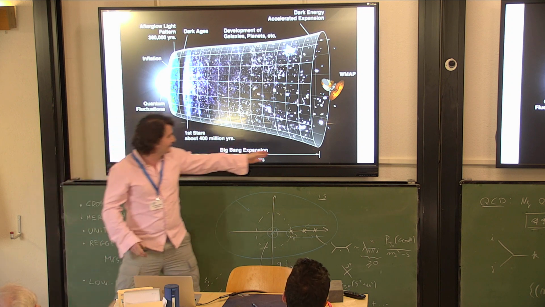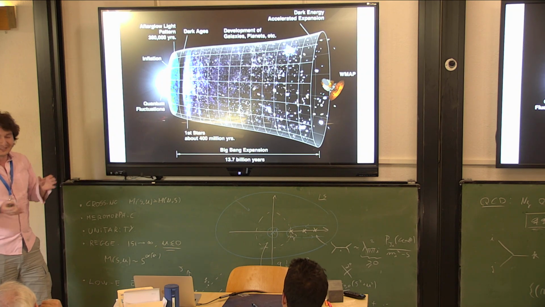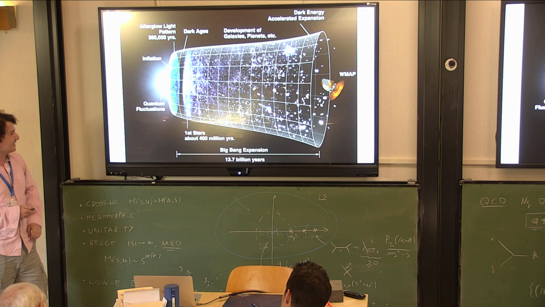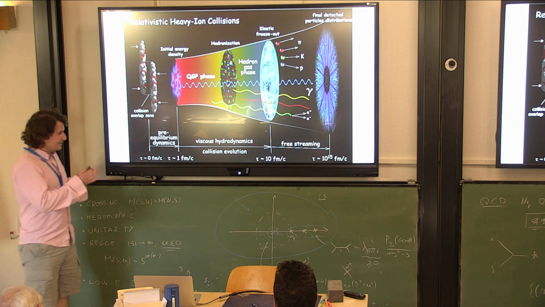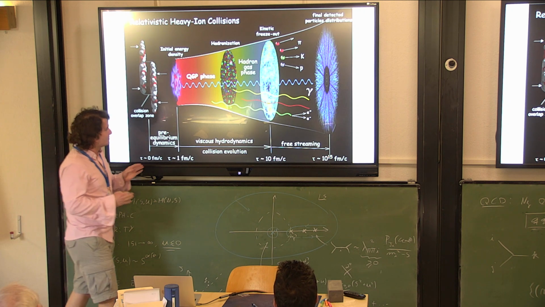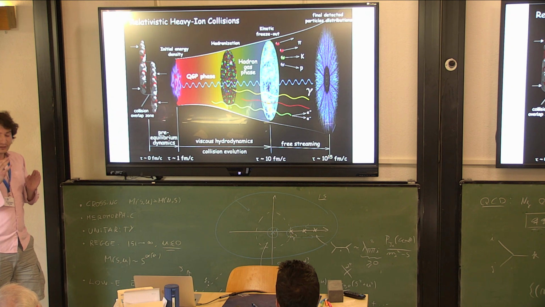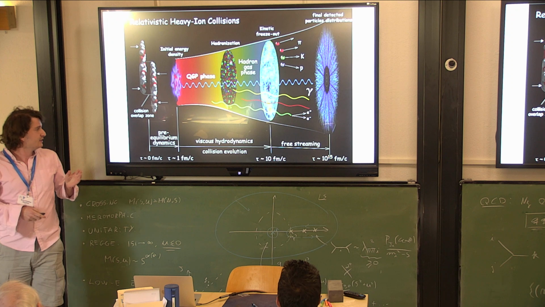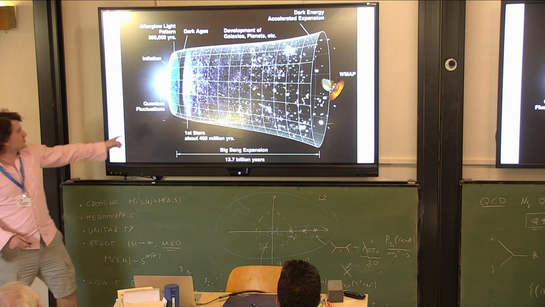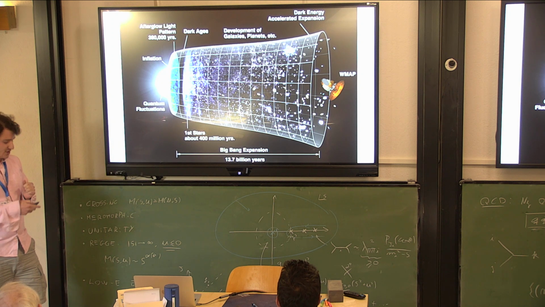But at the end of the day, we can see the imprints of what happened at early times at high temperatures with our telescopes, which are our detectors. So in a sense, in a mildly exaggerated way, you can say that you're reproducing the early universe here, because this phase of matter, the Quark-Gluon plasma, would have been present also in the early universe when the temperature was high enough.